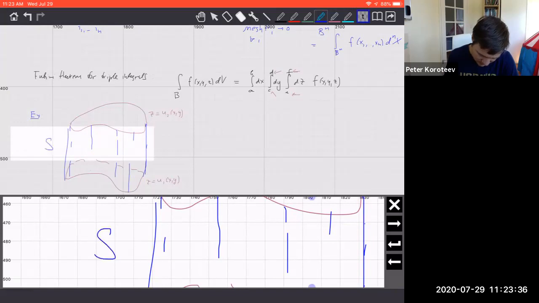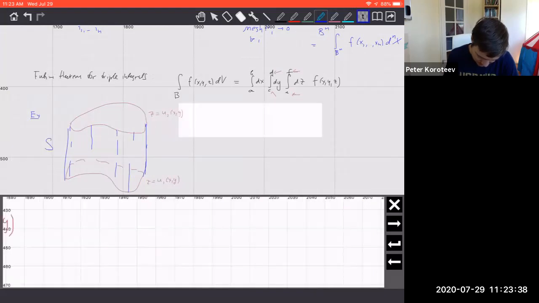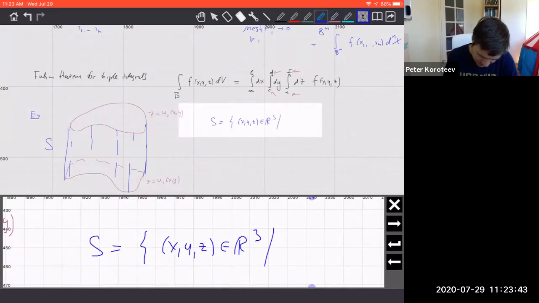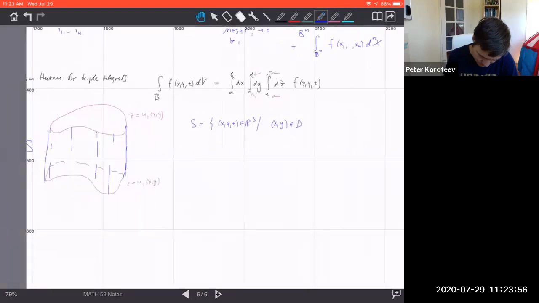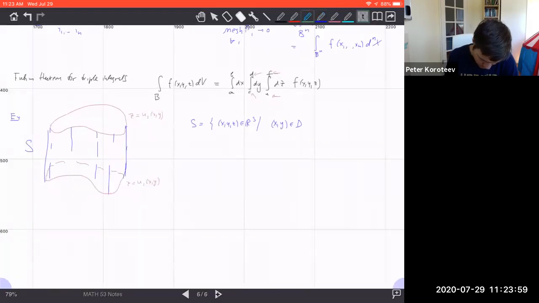In between there's this space, S for solid. S is the set of all coordinates in three-dimensional space, provided that x and y live in some set D. You can think of it as some plane, and there's a set D here where all x and y live.